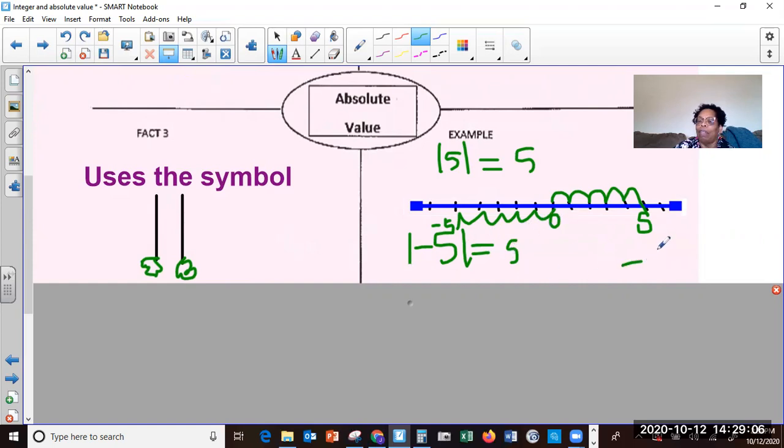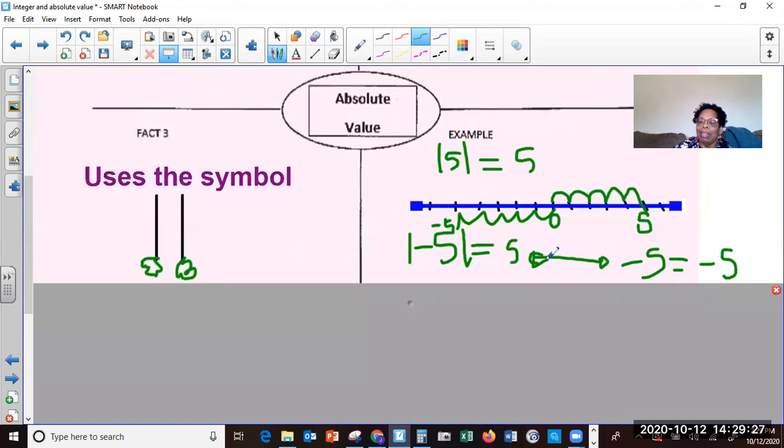What about the negative 5 without the absolute value symbols? Where's negative 5 on the number line? It's right here. And what is it equal to? It's equal to negative 5. I want you to see the difference between these two.